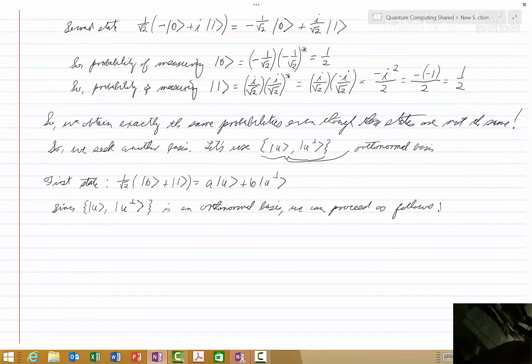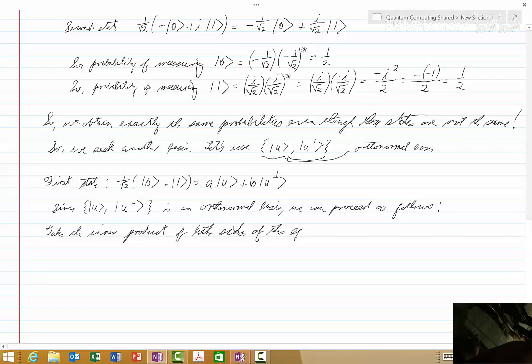What we do is take the inner product of both sides of this equation, first with u, and then with u orthogonal.